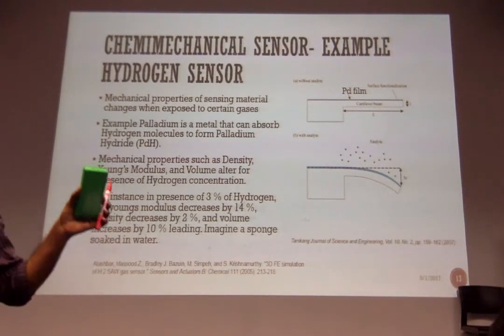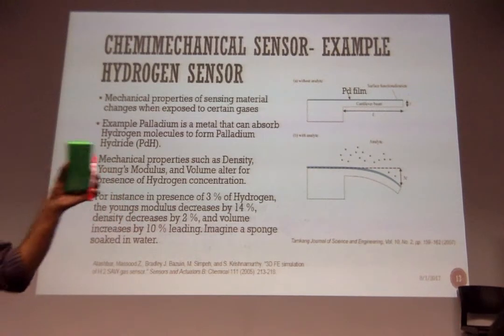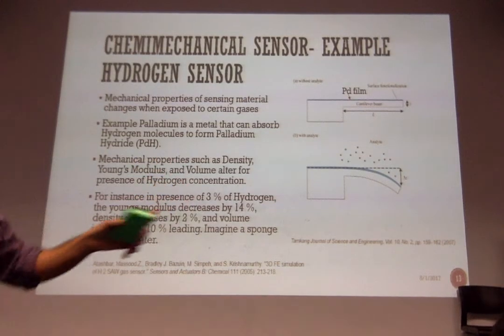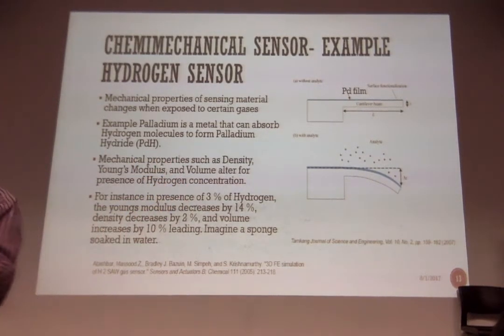So once the mass changes, the resonant frequency of this structure will change. So the amount of gas absorbed is proportional to the resonant frequency change of that structure. The mechanical engineers will see this as a change of material properties, but we, being electrical engineers, will measure the resonant frequency of this. Any idea how we can measure this? It's a little extreme question I ask, but let's see if anybody can say.